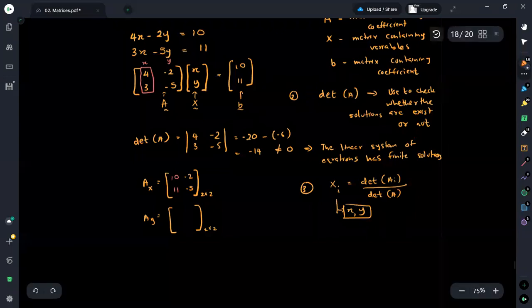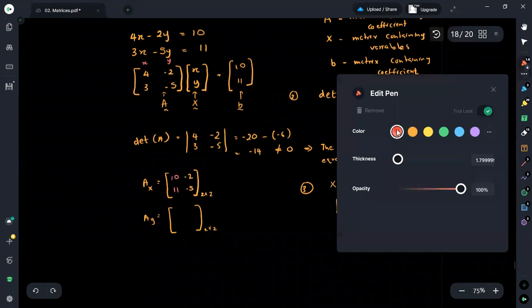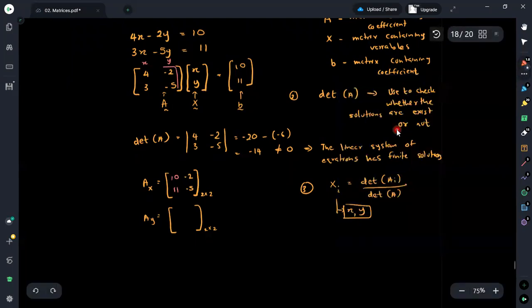Similarly, we can obtain this as well. For obtaining AY, first we can obtain this here. This is the set of coefficients associated with variable y.